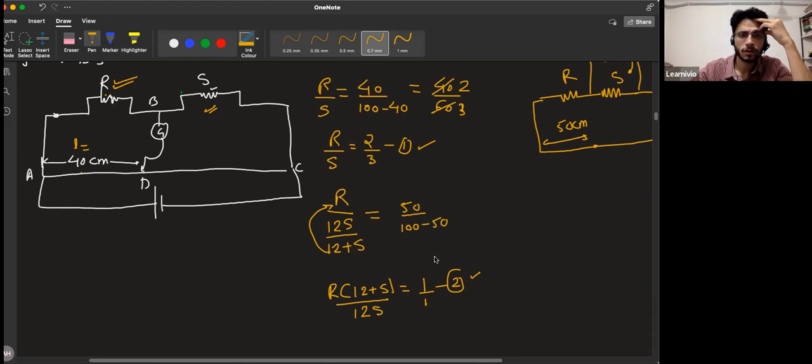Okay, just calculate R. Okay, Yashika, it's correct. Good.